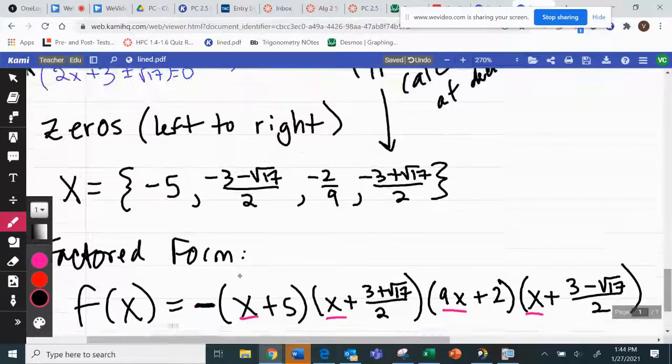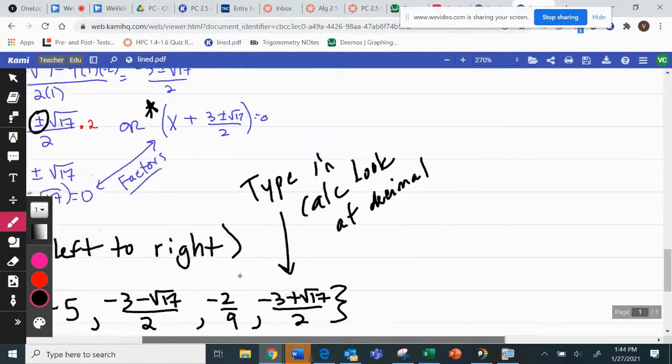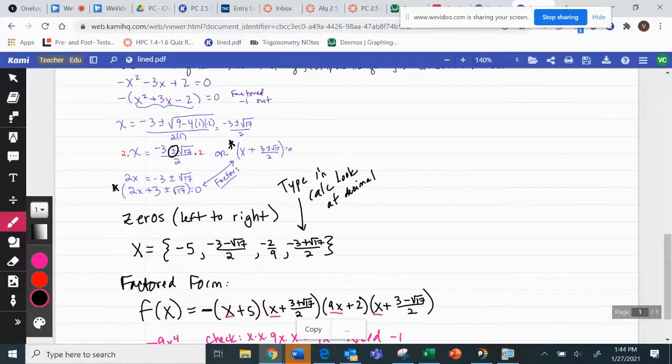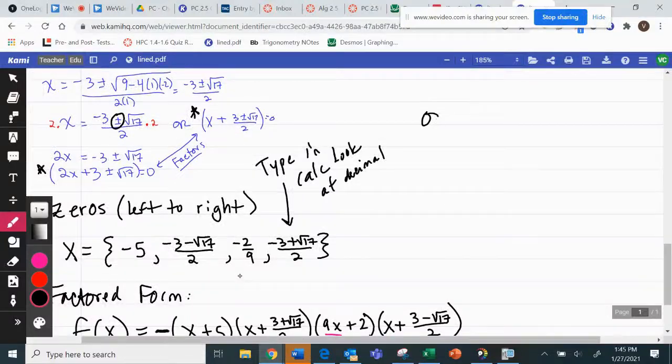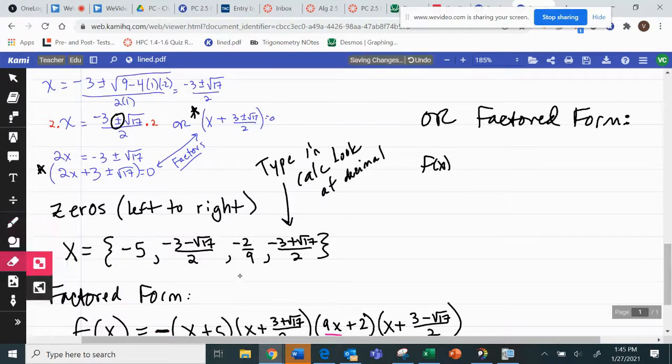So that one would be, if I do the factored form for that one, I need to zoom out some. So put the factored form here. So we would still have that x plus 5.